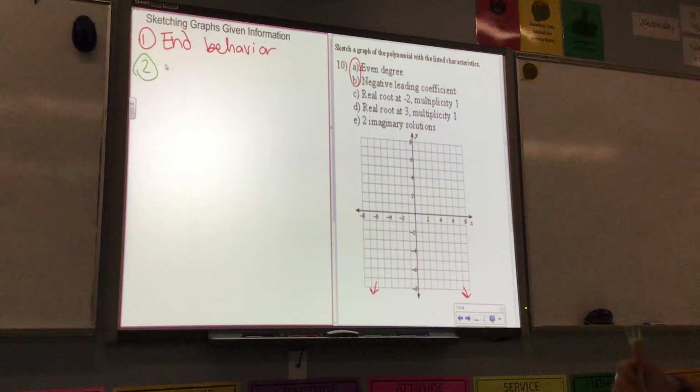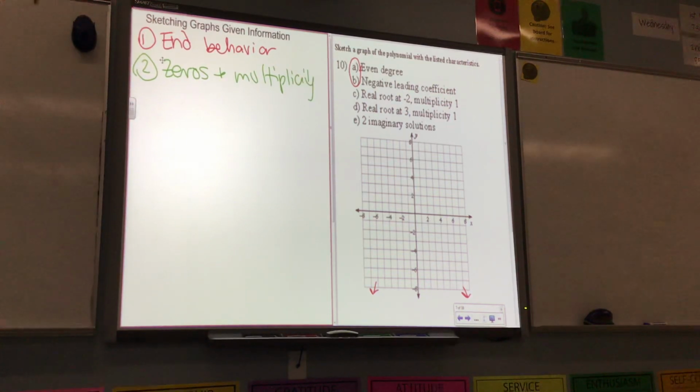Then I figure out my zeros and their multiplicity, so whether it crosses or just turns around. Where are my zeros at? -2 and 3. Good. This is from C and D. I go to -2 and I put a dot, and I go to 3 and I put a dot.